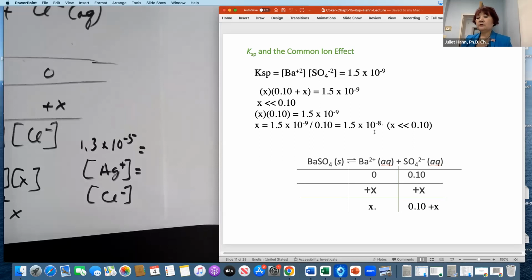And you can see from the result that x is much smaller than 0.10, because x would be 0.000000000015, 8 zeros before you get to 15. So it's a very small number, outside the significant number range for the 0.10 concentration.